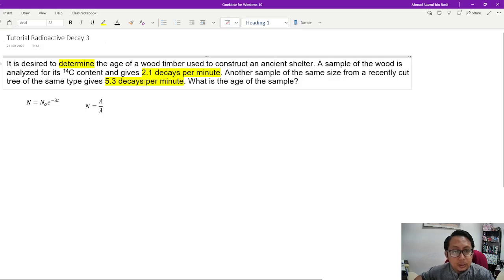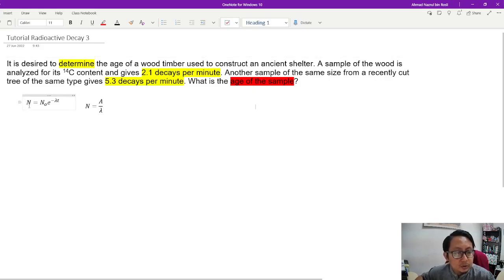So these two are actually decay activities. The question now is the age of the sample, the first one that was used on the ancient shelter.